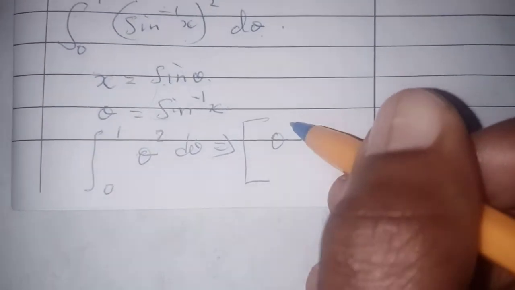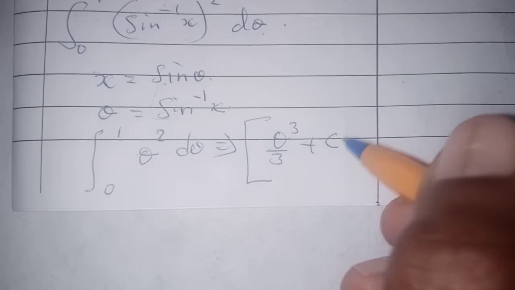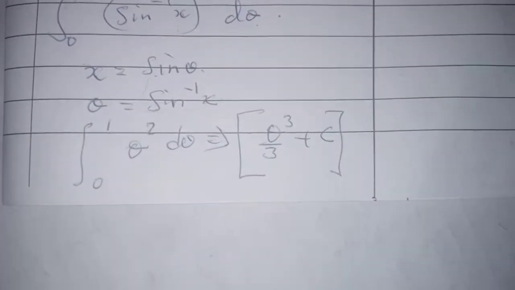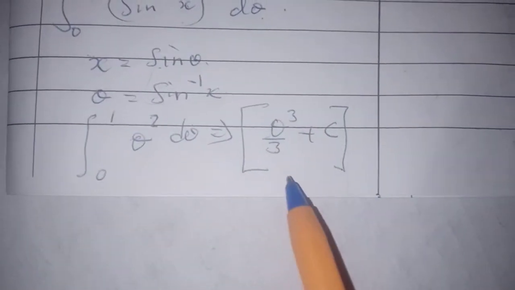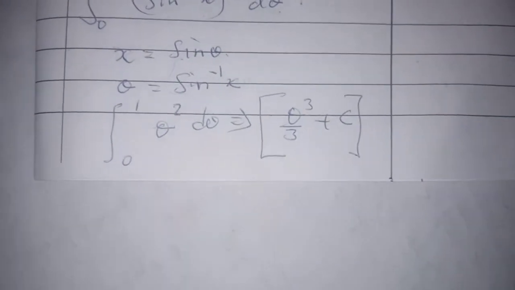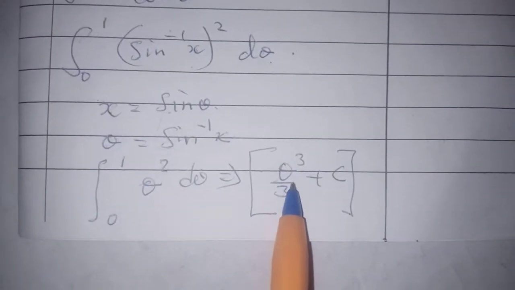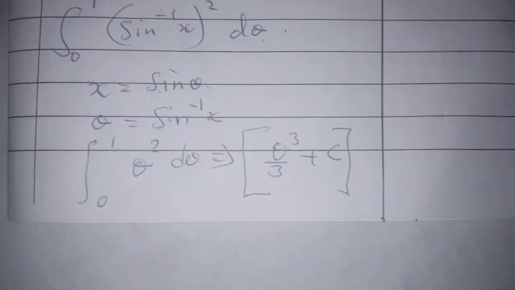So we divide by 3 plus constant c. But now, we have already integrated. What is needed here? What is our theta now?